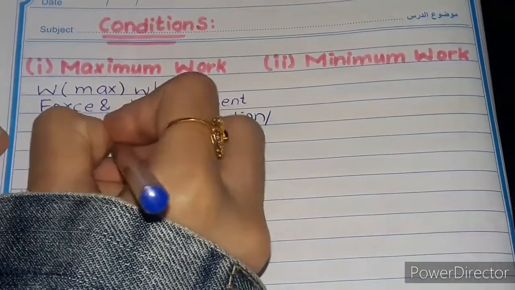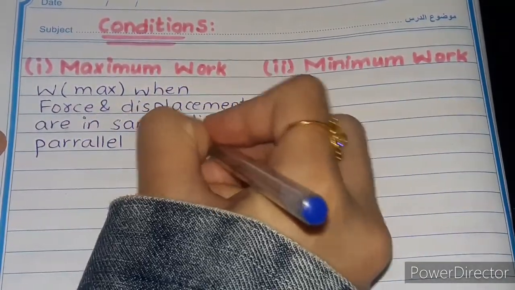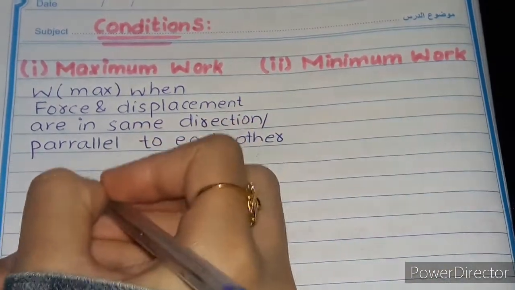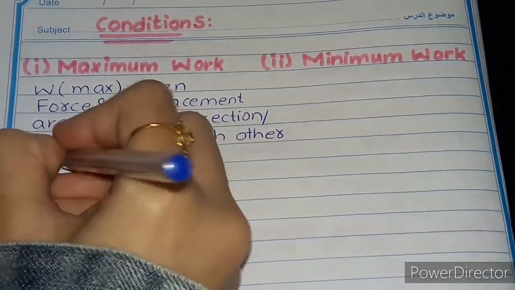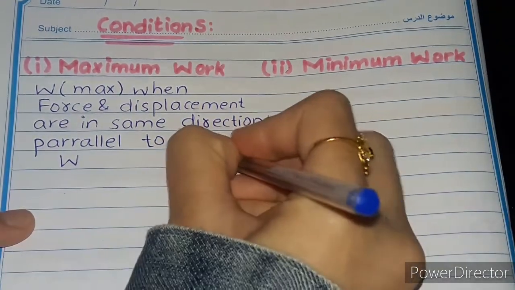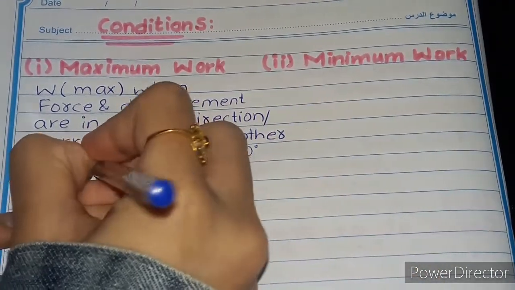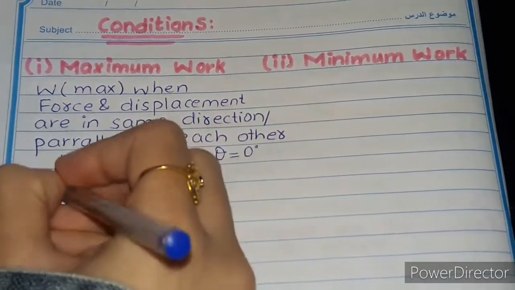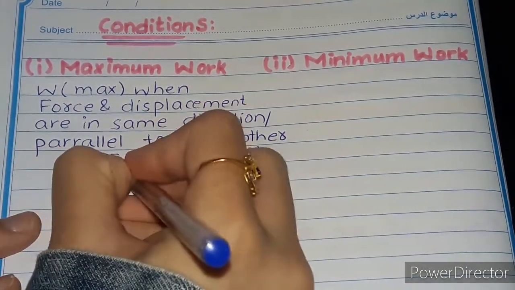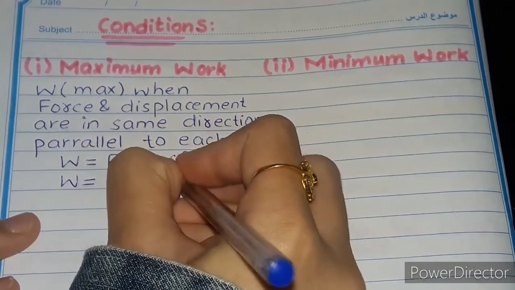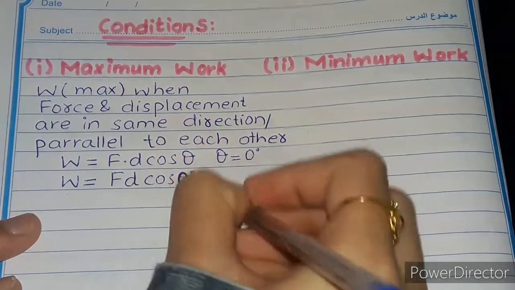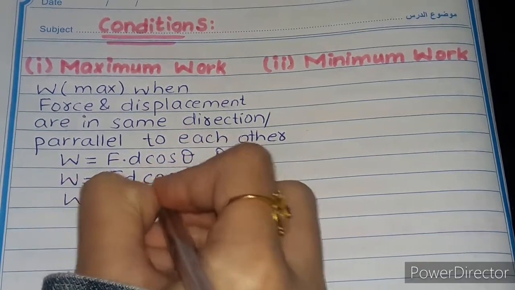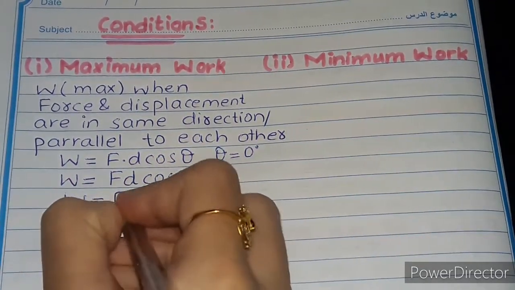Then theta would be 0 degrees. Cos theta, when theta is 0 degrees, cos 0 is 1. So work done would be F into d.